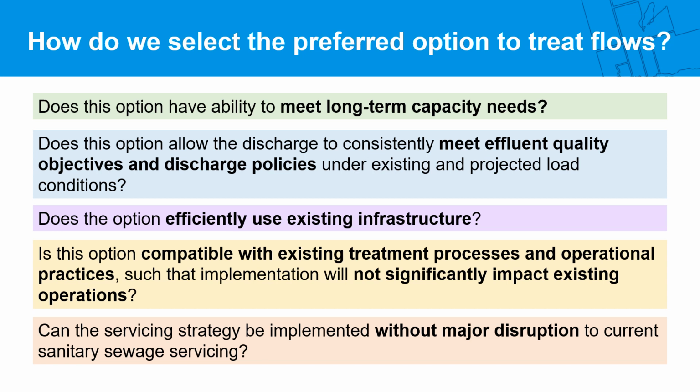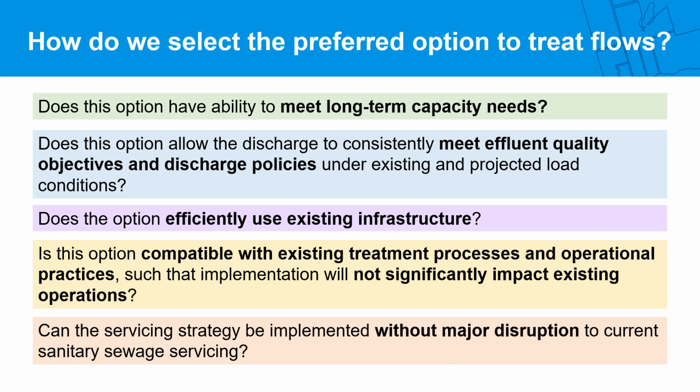To select the preferred treatment option, we need to consider a few criteria. 1. Does the option allow meeting the long-term capacity needs? 2. Does the option allow the treated discharge to consistently meet effluent quality objectives and discharge policies? 3. Does the option efficiently use existing infrastructure? 4.